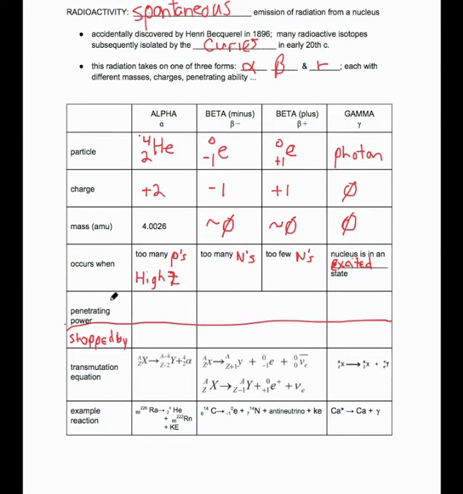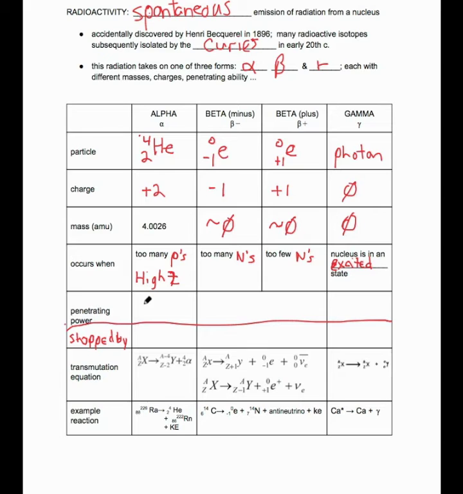In other words, when they encounter a living cell or a metal, they will ionize them. They will knock electrons off the atoms, because we're going to see that the energies of these are on the order of mega electron volts, whereas the ionization energy of most valence electrons is on the order of just electron volts. So one particle can ionize thousands of atoms.